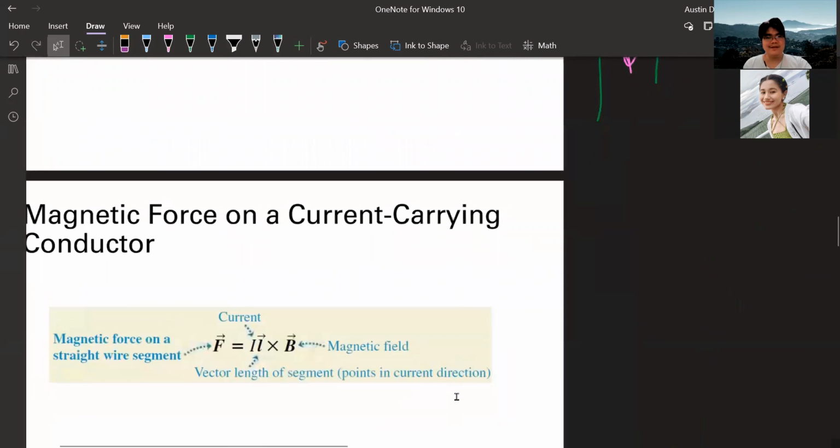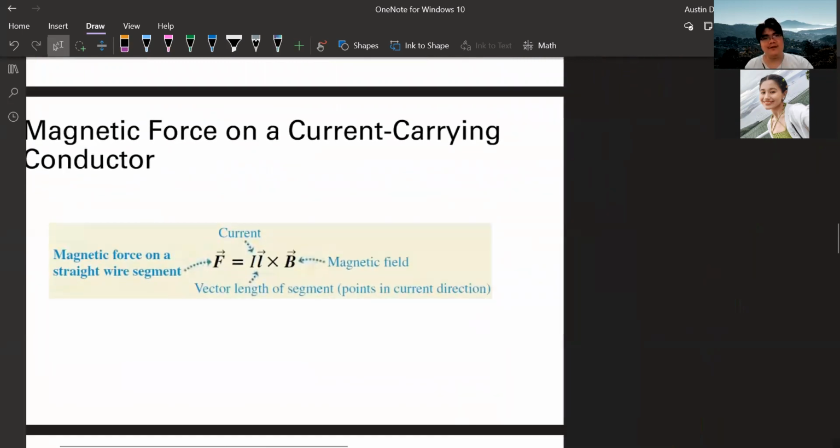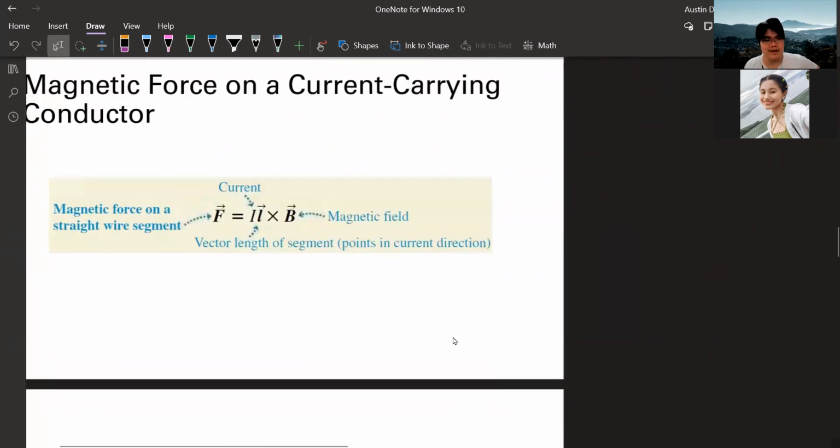Okay, so you have this formula, F is equal to IL cross B. So very similar to your original formula, which is QV cross B. So you just extended QV. You just extended Q to become a current, then L would be the length of that current.